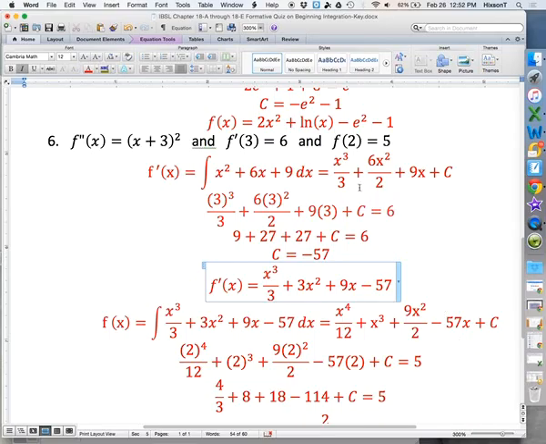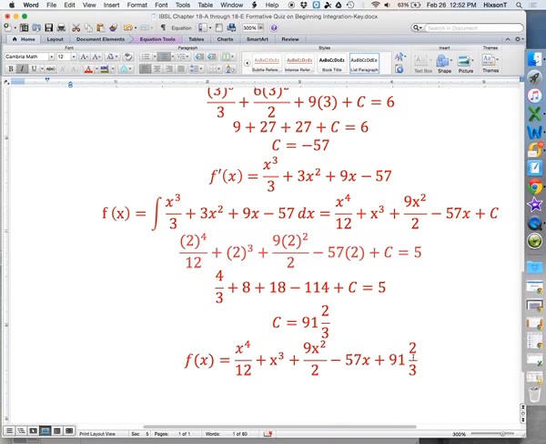And again, now we're going to use a point, but this time we're going to use a point that's on the original function because we're trying to find the original function. So we need to know what that c would have to be for the original function. So I plug in 2 because that's what x is on the point that we know. And I plug in 5 for f of x. And we solve it. We get 91 2/3 for our constant.